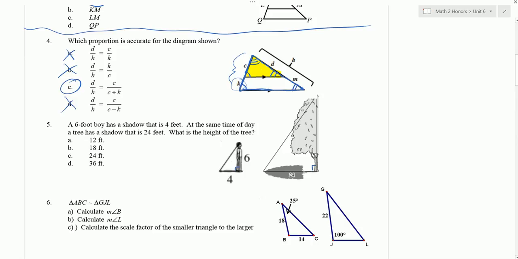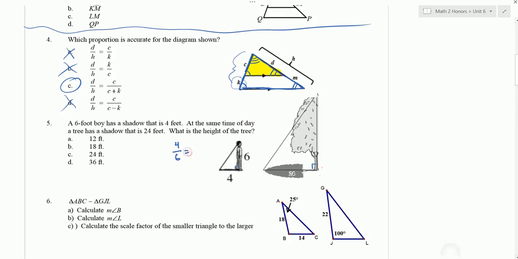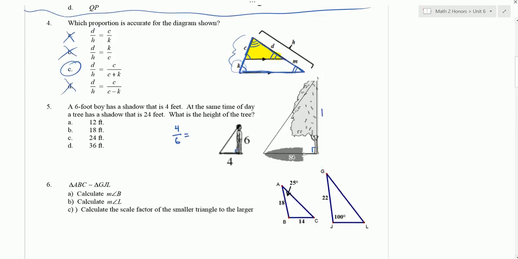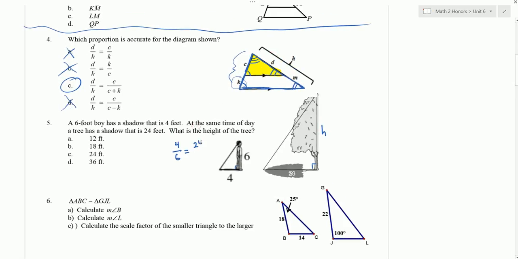So for the small triangle, I'm going to go base over height. And then the large triangle, I'm going to go base over height.